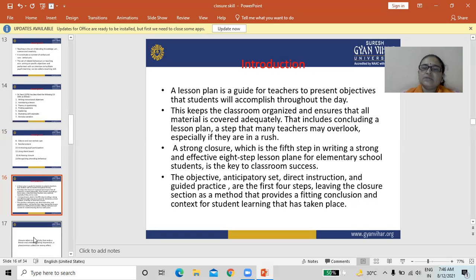that includes concluding a lesson plan, a step that many teachers may overlook, especially if they are in a rush.